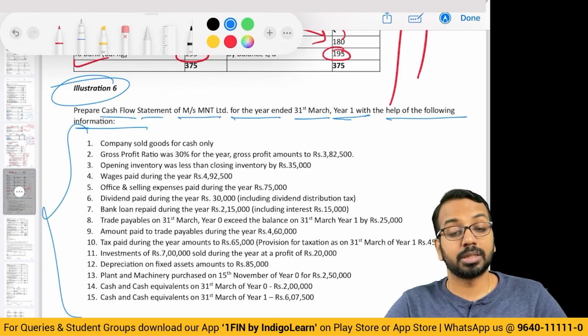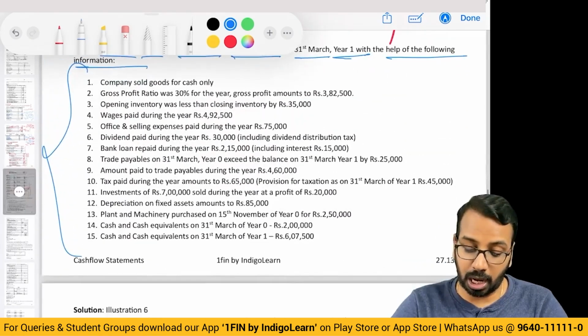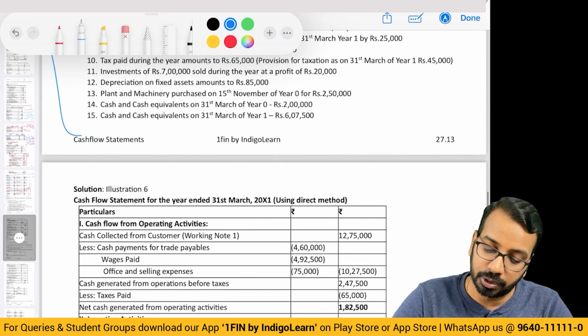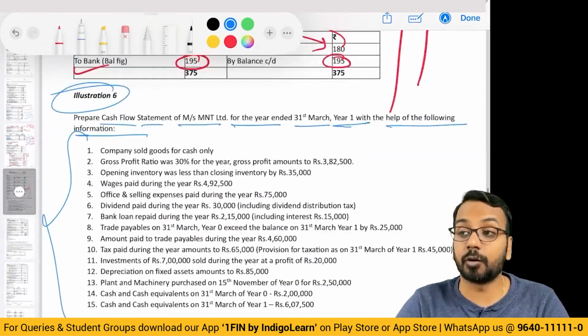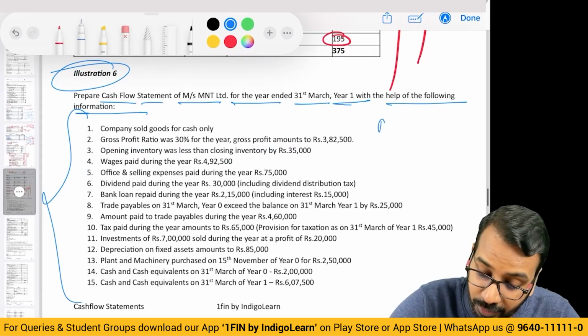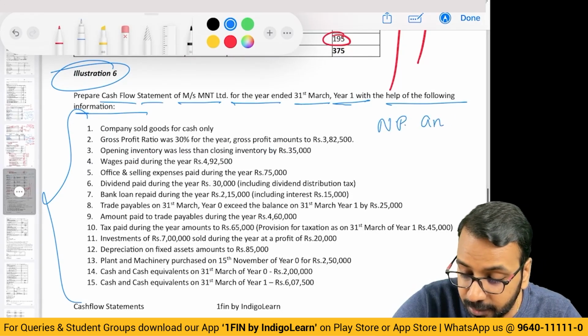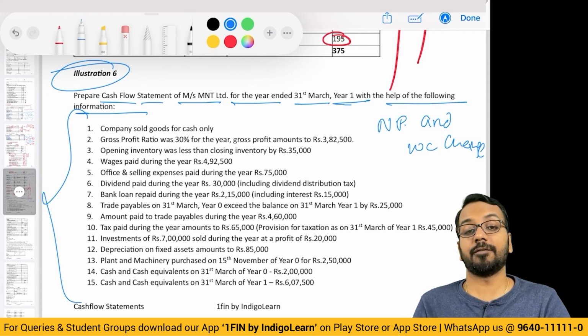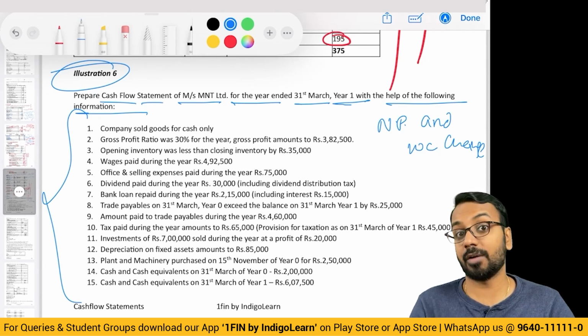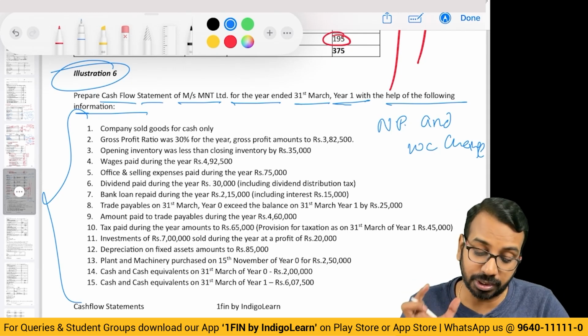Right? Now sometimes we have a question, sir, how do we know whether we need to follow the direct method or can we do the indirect method also? For that you have to see, have they given net profit and working capital changes? If net profit is given, you can do it using the indirect method if you have the full information of working capital changes.